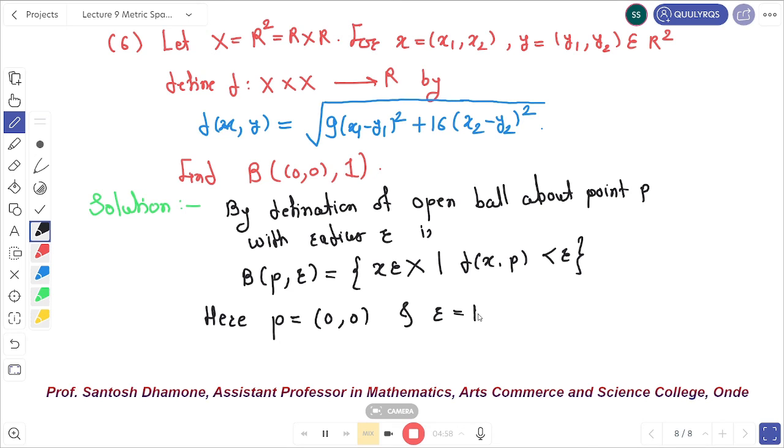Why? Our x is the ordered pair (x1, x2), P is (0, 0) and R is equal to 1. We only put the values of x, P and R in our definition of open ball. This is the definition of open ball.